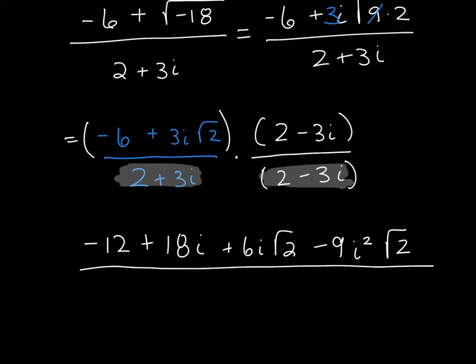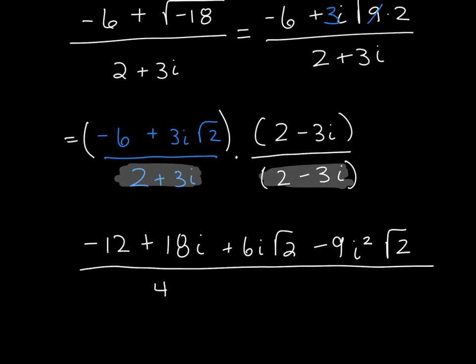I'm going to do this out the long way in the denominator. Just this once, you don't always have to do this. Remember that the reason for doing the conjugate is it's the difference of 2 squares. But if I multiply this out the long way, it would give me 2 times 2, which is 4.